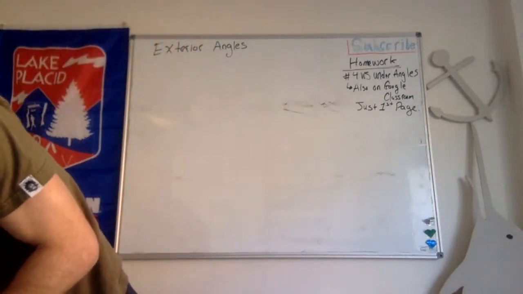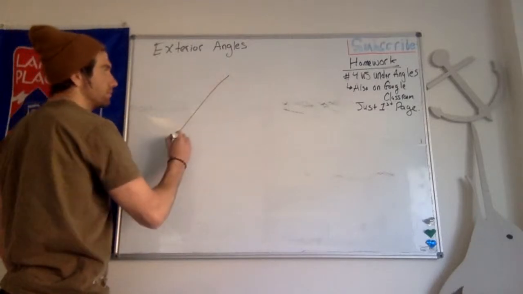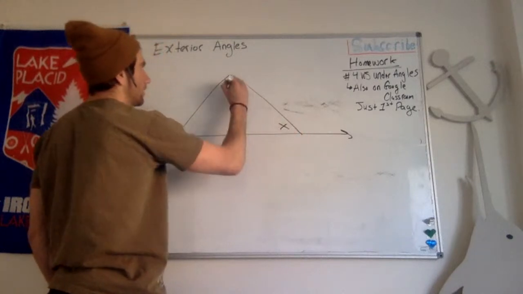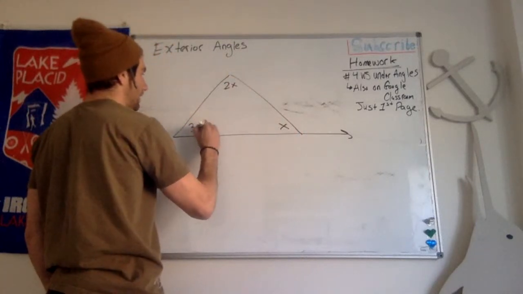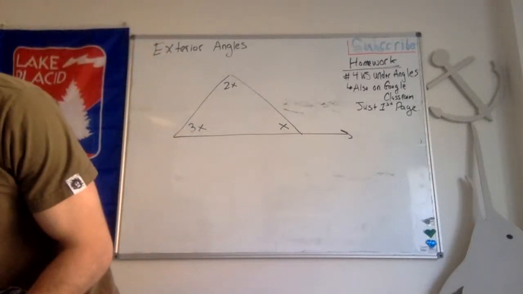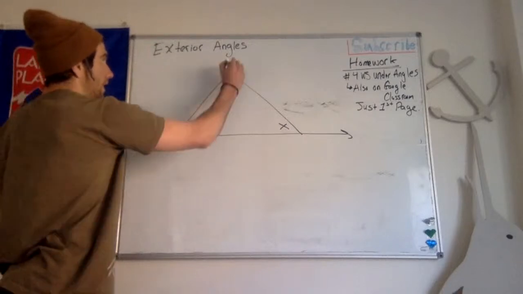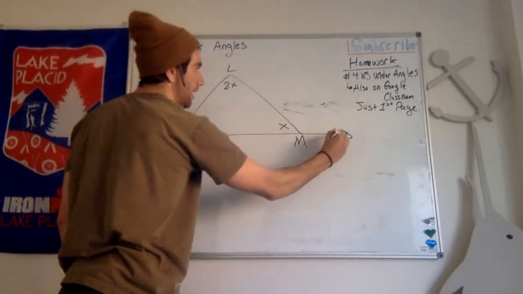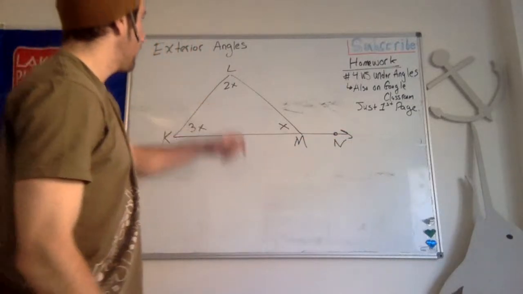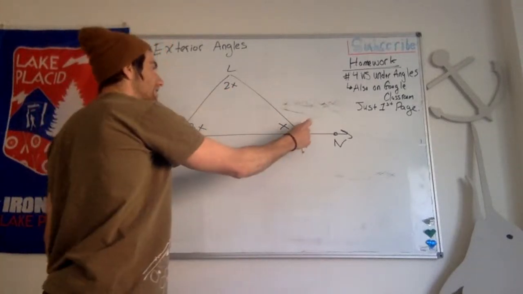One more. We got 2x, 3x, and x. K, L, M, N. All right, I want to figure out this angle, and the exterior angle.